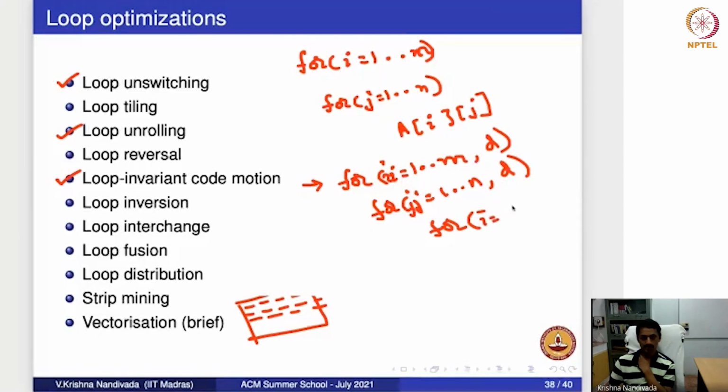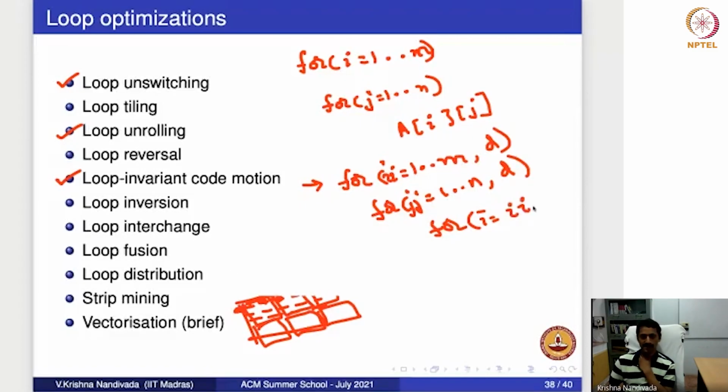So for I equal to 1, my JJ varies from 1, 2, 3 up to here. Then I will go to the next slice. Basically I want to do this block first, then this block, then this block, then this block, then this block, then this block.